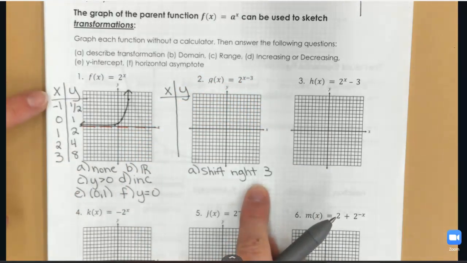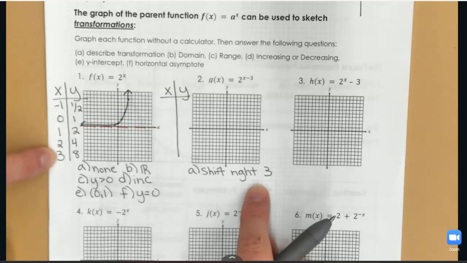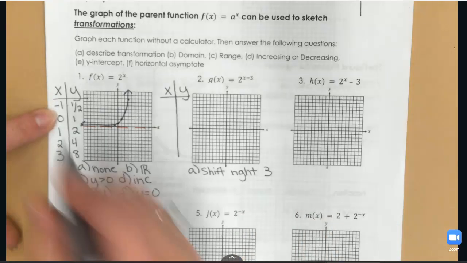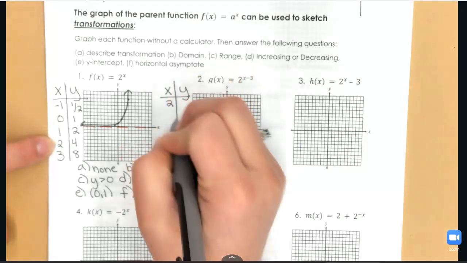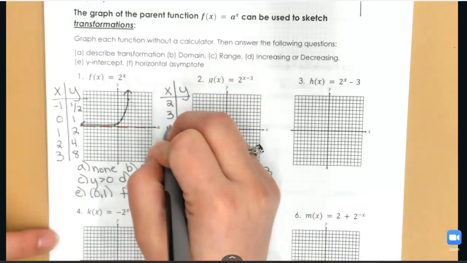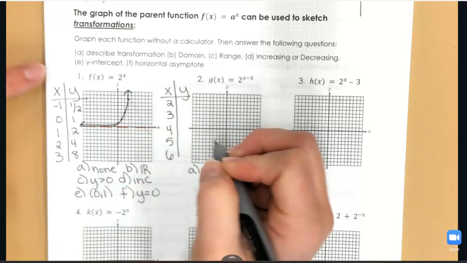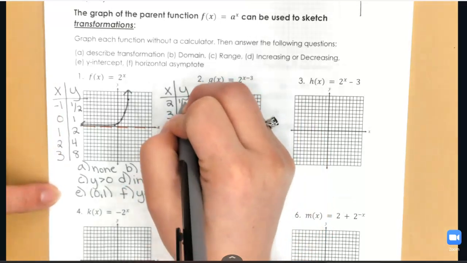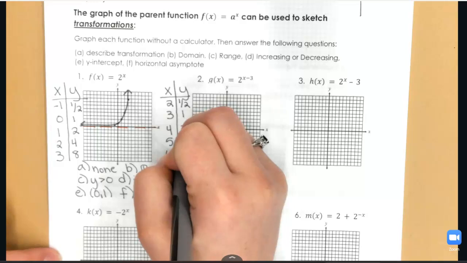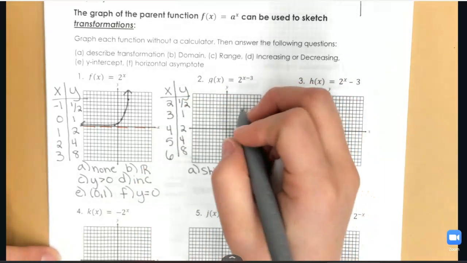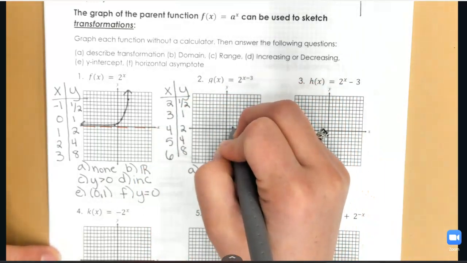If I'm shifting right 3, that means my x values are going to change, and they are each going to increase by 3. So 2, 3, 4, 5, 6, and then those y values will stay the same. So here are 5 new points on our transformed graph.